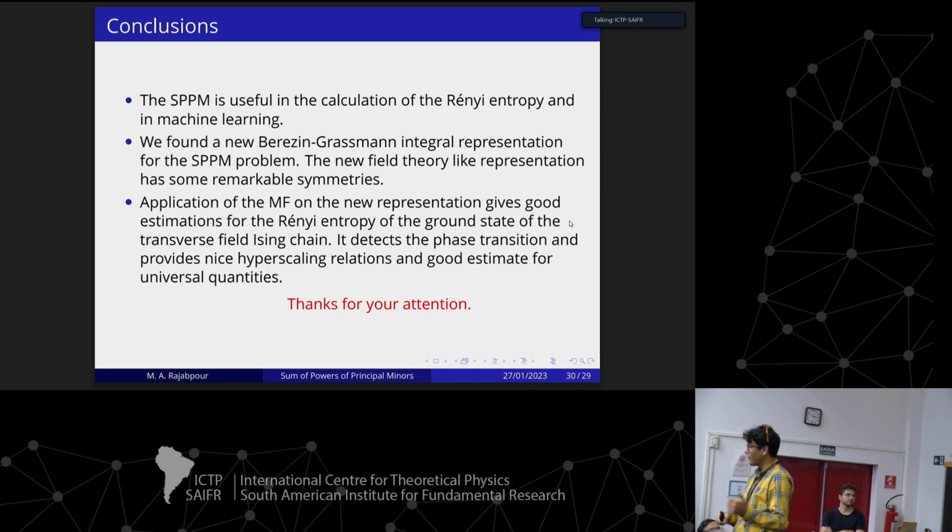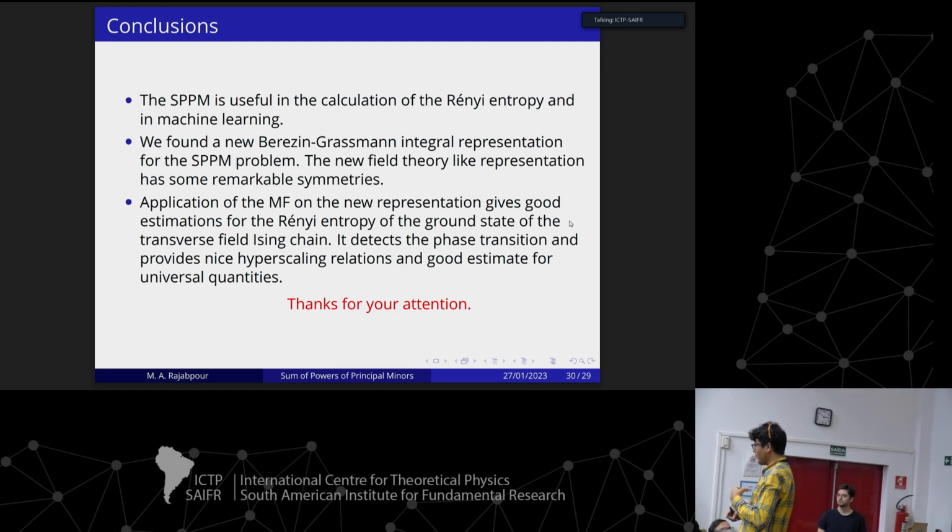So here, the interpretation is that when you do the integration over a particular Grassmann variable, that means that you actually have one fermion there. And if you don't, that means it was like a principal minor, right? I was removing some stuff and keeping some stuff. So the keeping part was that I had fermions, which meant I have a bunch of spins up or, you know, okay. Okay, thanks.